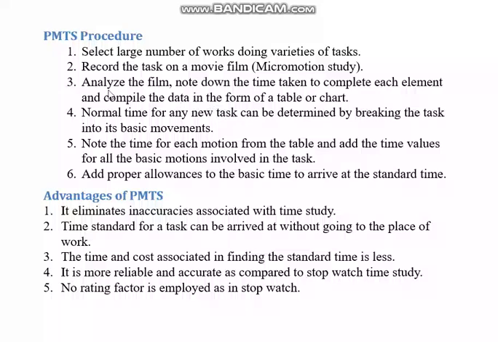And they are saying you compile the data in the form of a table. It is not from a standard table or something. Here, from the movie film itself, whatever timings you have got, you tabulate in a table, and from that table you take the timings and add all of those, and you will get the basic time, and to the basic time you add allowances, and you will get the standard time.